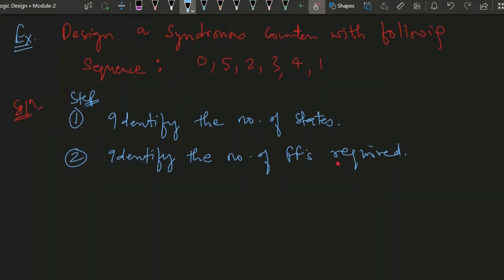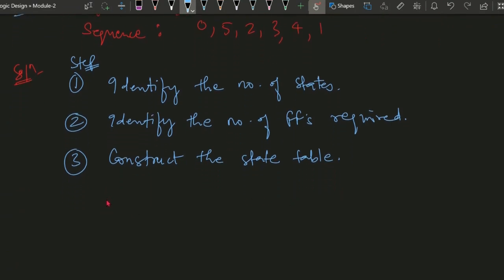After identifying the number of flip-flops that are required, we need to construct the state table. We will be looking at how the state table is implemented. We have already seen it in the previous classes also, but we will see how state tables are basically constructed.